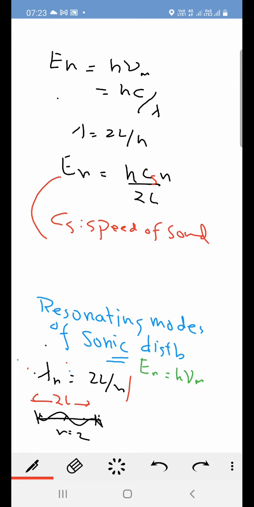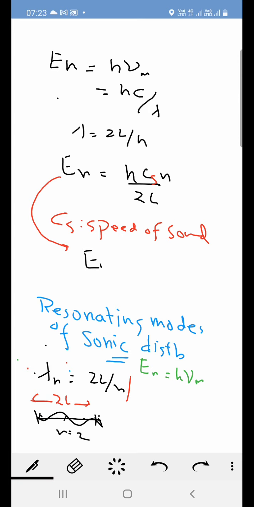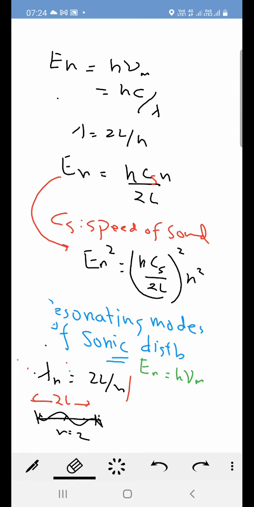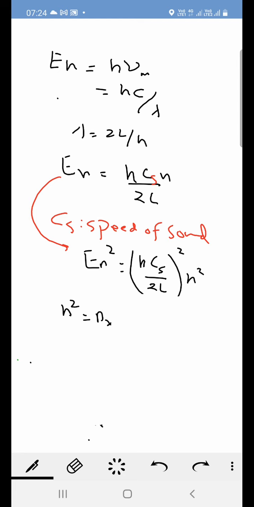From here, En square is equal to (hcs by 2L) whole square into n square. Now n square is equal to nx square plus ny square plus nz square.